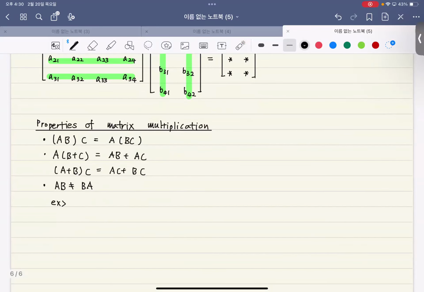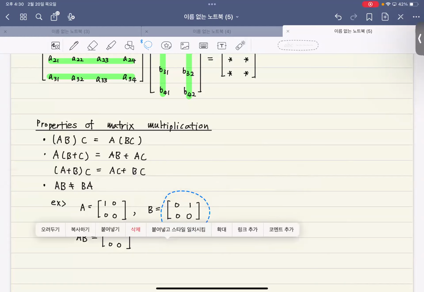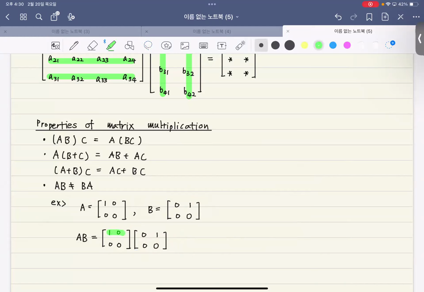There is a very interesting counterexample. A is [1, 0; 0, 0], and B is [0, 1; 0, 0]. Then A times B is [0, 1; 0, 0].